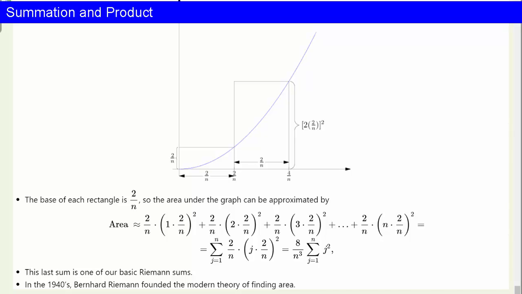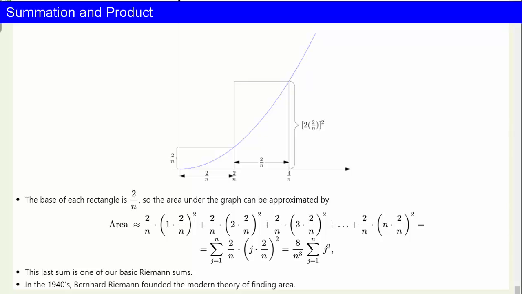And you can write that out in summation notation as the sum from j equal 1 to n of 2 over n times the quantity j times 2 over n, squared. And when you clean that up, that's just 8 over n cubed times the sum from j equal 1 to n of j squared. And this last sum is one of the basic Riemann sums.